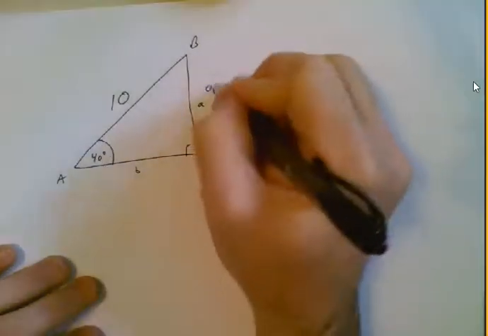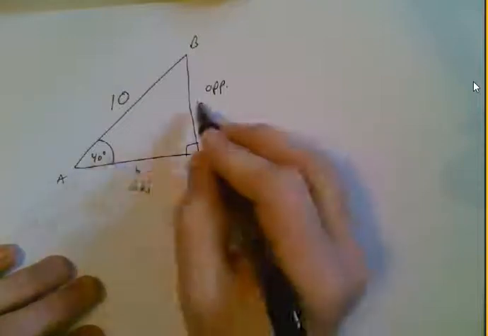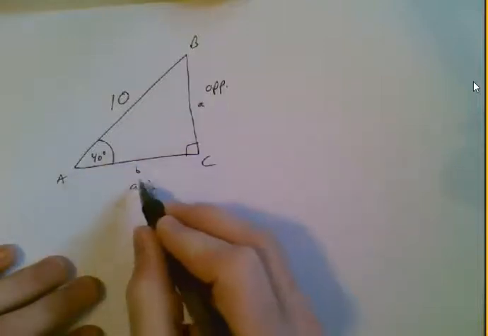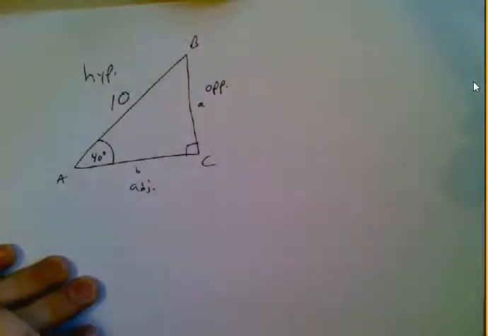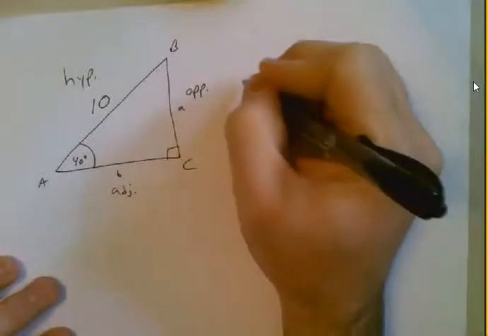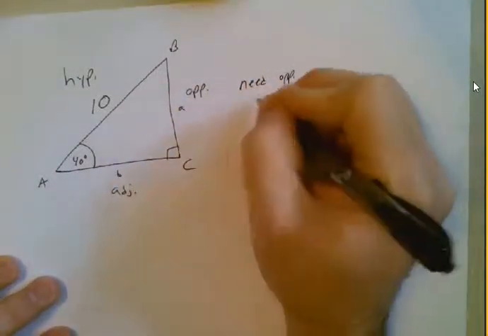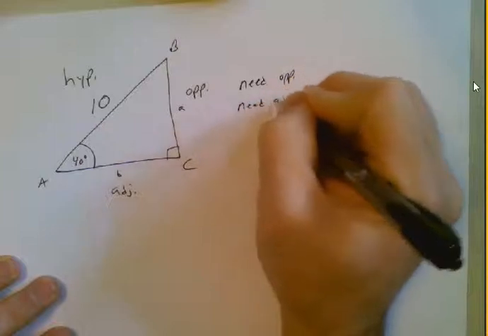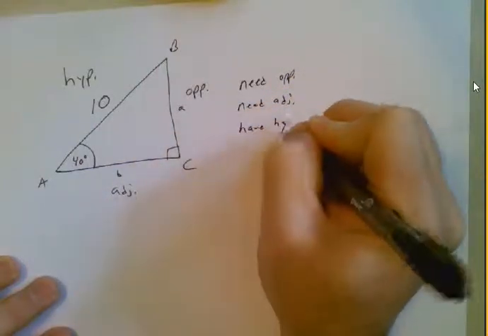That means this has to be my opposite side, and this has to be my adjacent side. Opposite is across, adjacent is next to, and the hypotenuse is the one across from the right angle. So this is what you ask yourself: what piece do I need, and what piece do I have? I need the opposite, I also need the adjacent, and I have the hypotenuse.